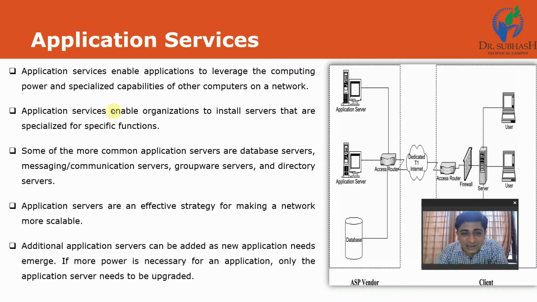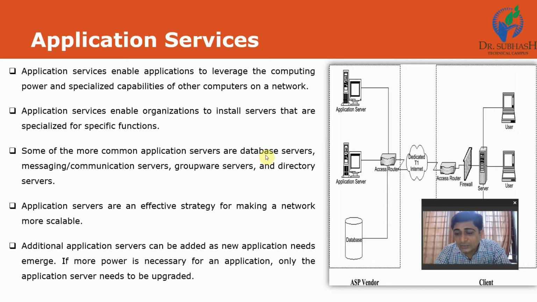Application services enable organizations to install servers that are specialized for a specific purpose, specific functions. Some of the more common application servers are database servers, messaging and communication servers, groupware servers, directory servers. These are the examples of application services. Here, what is the role of a database?